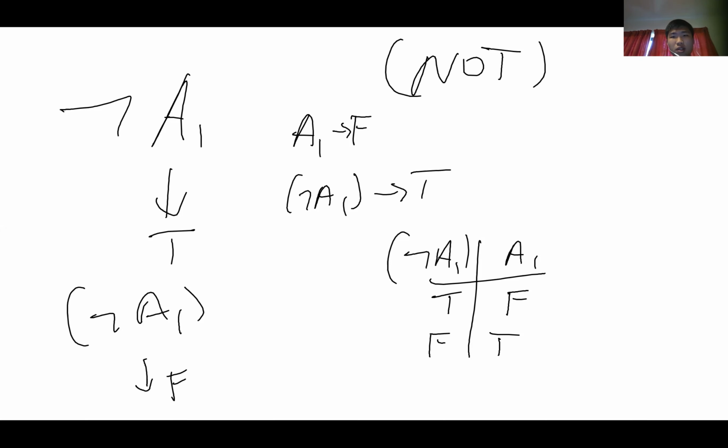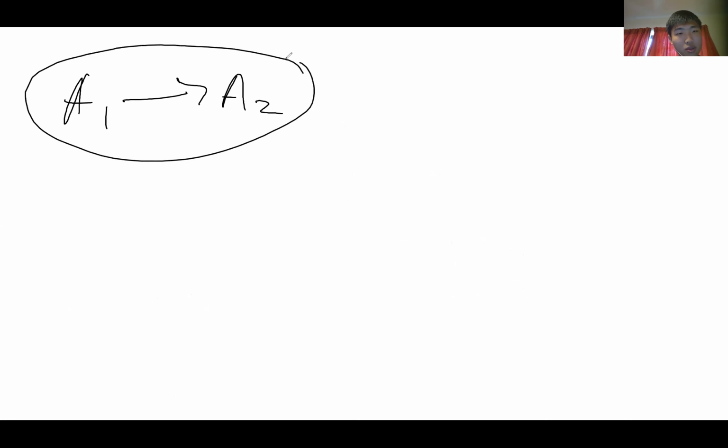Yeah, so maybe I'll quickly go over the last two because those are not as important in this, but maybe it's probably a good thing to know. So last two is A1 implies A2, or if A1 then A2. So this whole statement is true whenever either A1 is false or A2 is true.